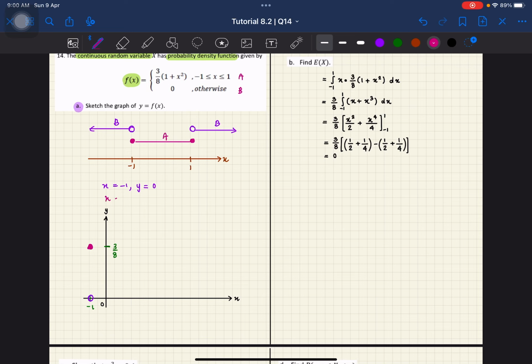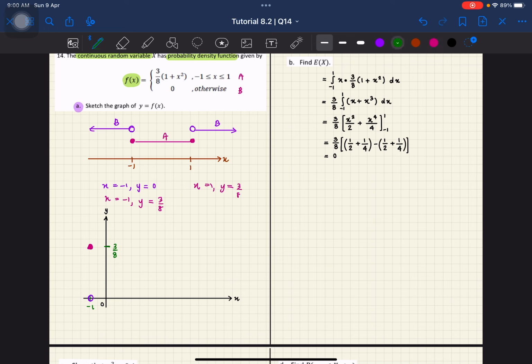So when x is equals to negative 1, awak dapat y equals to 3/8. Okay, and then for this one pula, masukkan 1 dalam function yang A. Masukkan dalam ini. Okay, so kita akan dapat berapa? So, akan dapat 3/8 juga. When x is equals to 1, awak dapat y equals to 3/8 juga.